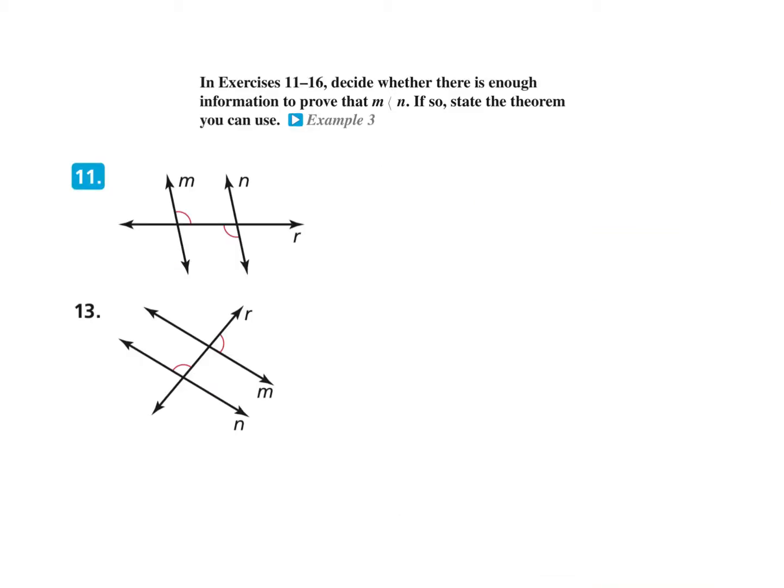State whether there's enough information to prove that the two lines m and n are parallel. Looking at 11, we see these two angles here, which are alternate interior angles. The alternate interior angles converse theorem says that if those two angles are equal, then m is parallel to n. So yes, there is enough information.